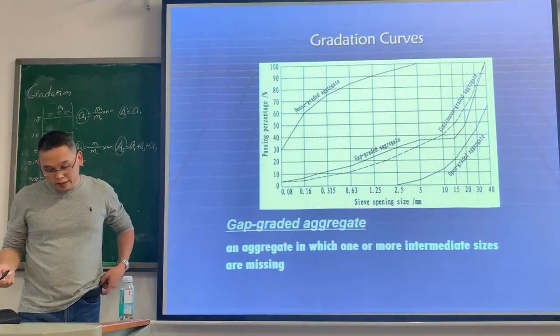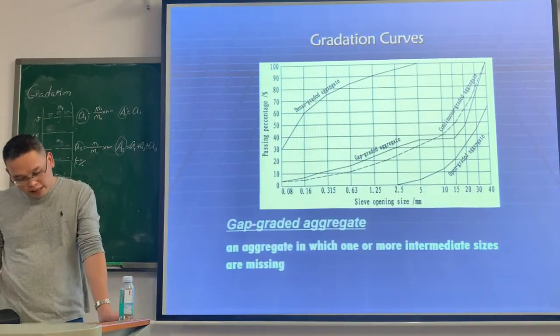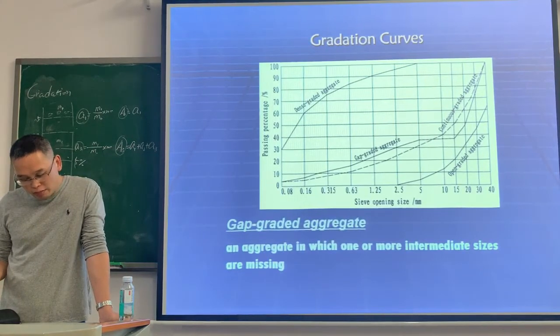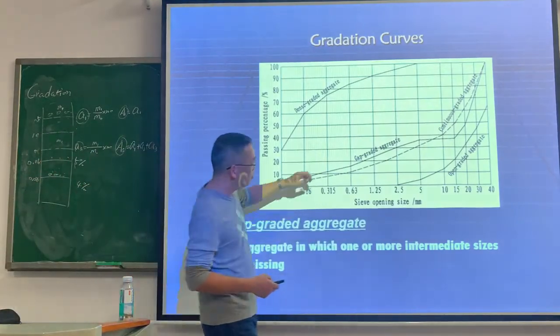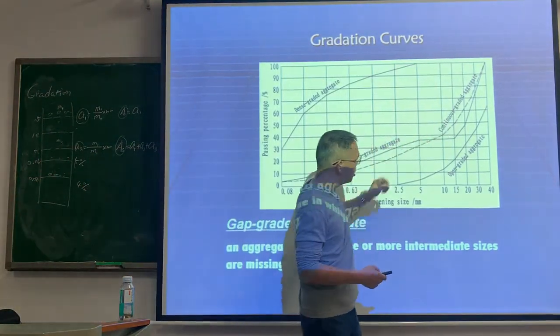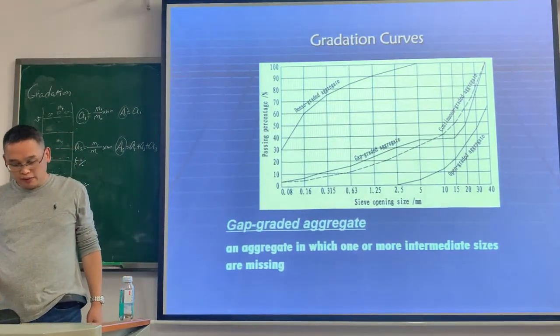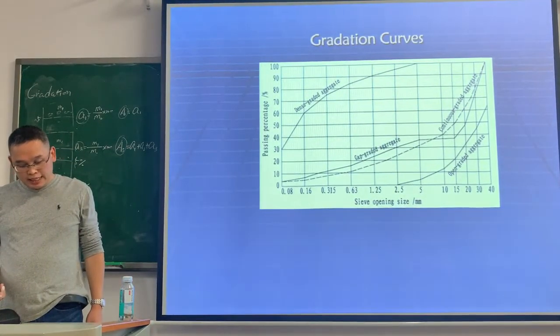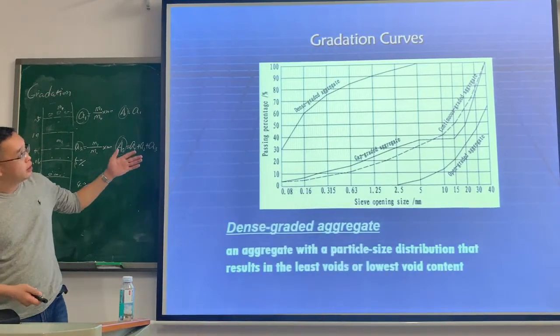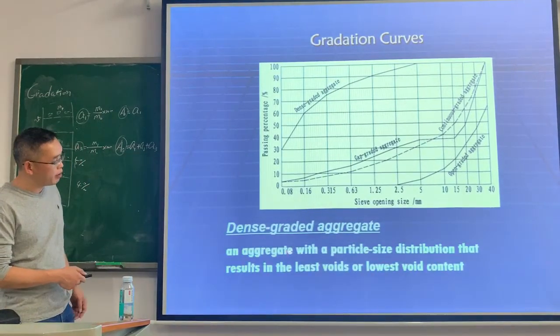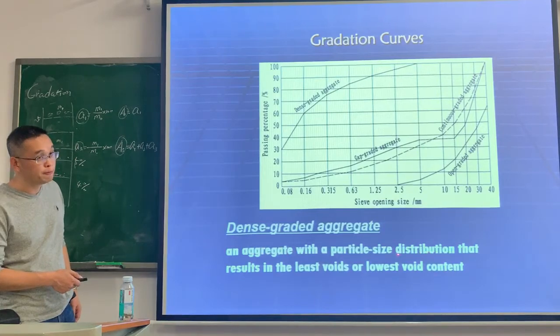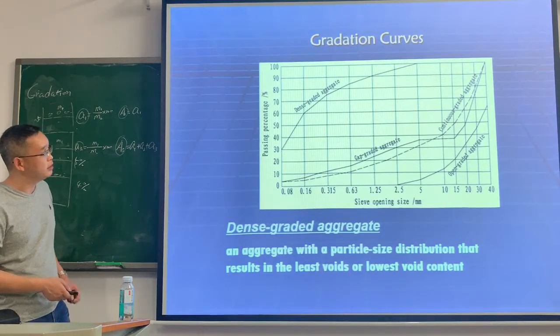The gap graded aggregate means an aggregate in which one or more intermediate sizes are missing. And the dense graded aggregate means an aggregate with a particle size distribution that results in the least voids or lowest void content.